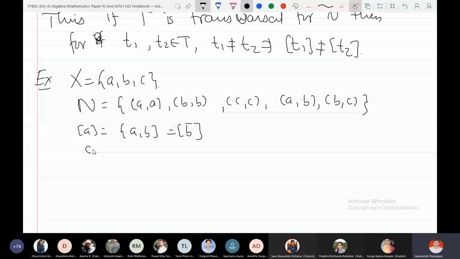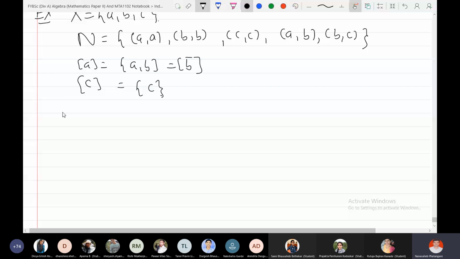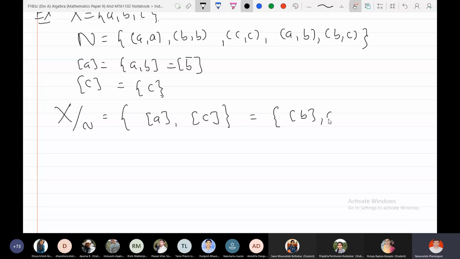What is the class of C? {C} only, right? Now what is X modulo tilde? What are the equivalence classes? There are only two classes, {A, B} and {C}. One can also write {B, A}, because as a set they are the same. So class of A is the same as class of B.